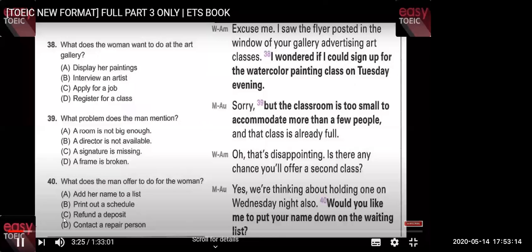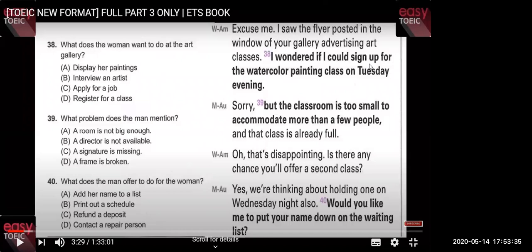Okay, so there's our information. Number 39. So I wondered if I could sign up for the watercolor painting class. So sign up. Oh, sorry. What problem does the man mention? Phrasal verb. What does sign up mean? Anyone?